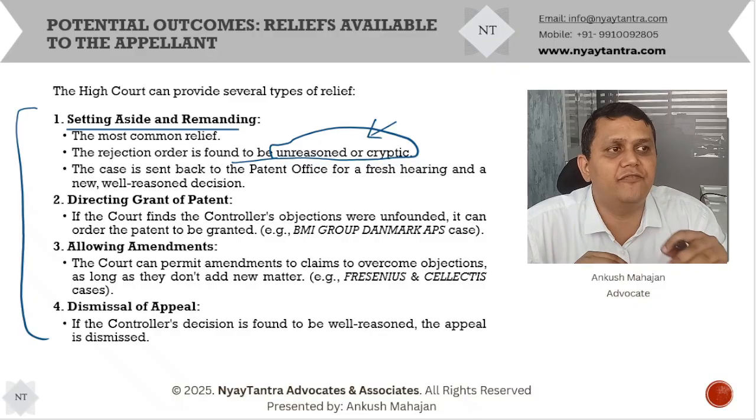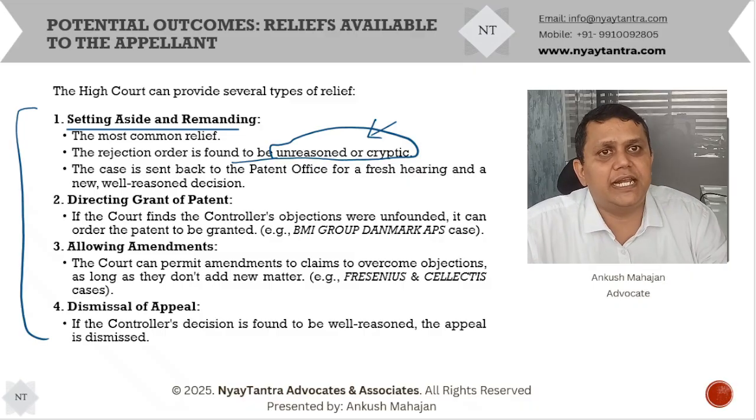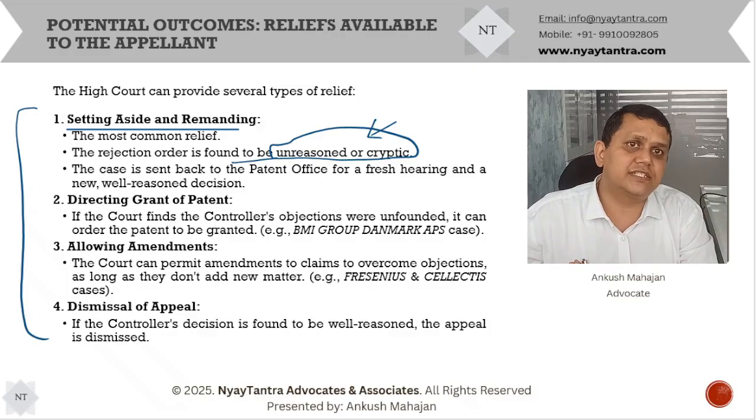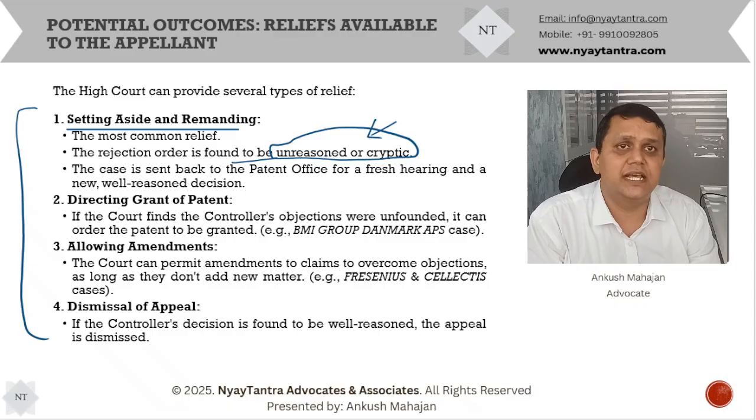For example, if my patent application is rejected on inventive step, generally one line is written in the order that in view of the prior art reference D1, the claimed invention of the patent application lacks inventive step, and hence it is not patentable, right? No reasons are given.